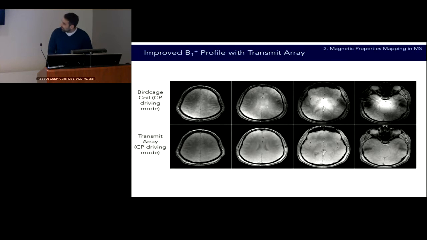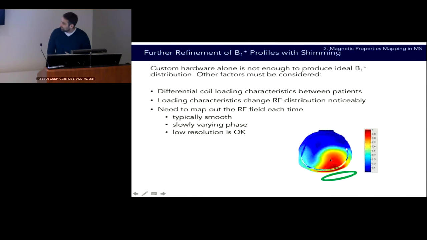But as you can see, even just using the transmit coil produces still some intensity bias, for instance, around the ear canals and at the back of the brain. So this is occurring because different people have different head shapes and different brains will load each of those coils differently. So the RF transmitters will interact with different brain shapes in different ways, and that will lead to different performance of these coils.